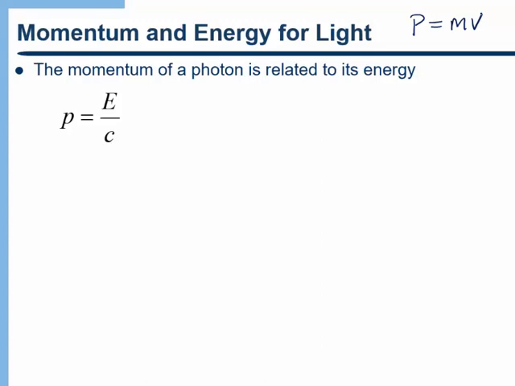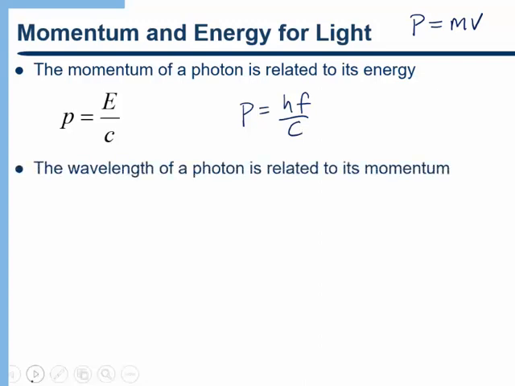But it turns out instead there's a different relationship for light, that the momentum of a photon is related to the energy of the photon. Okay? So in other words, we could write this, you'll notice that the momentum is hf over c.